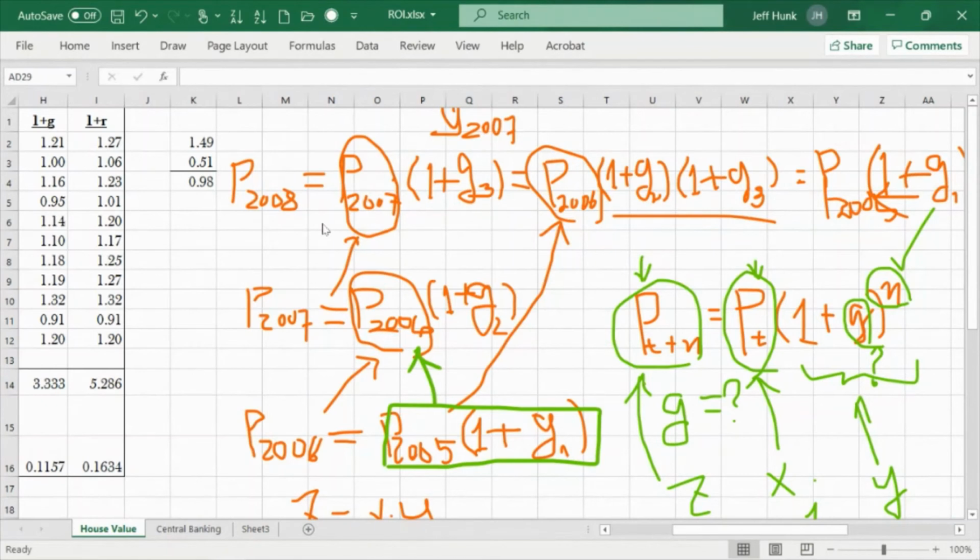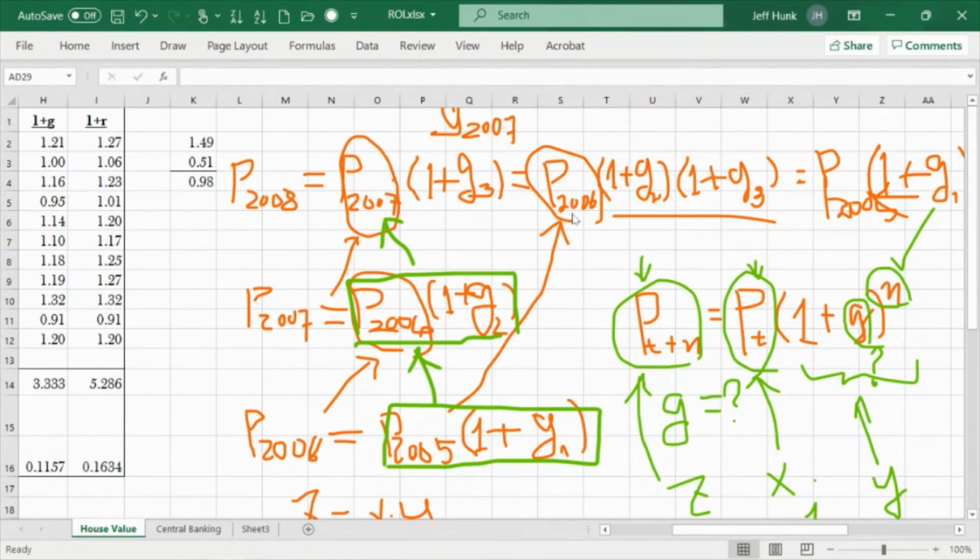And also the 2008 price is the 2007 price times 1 plus G3, growth rate in year 3. I can replace it by the definition of what 2007 is. The 2007 price is basically the 2006 price times 1 plus G2.